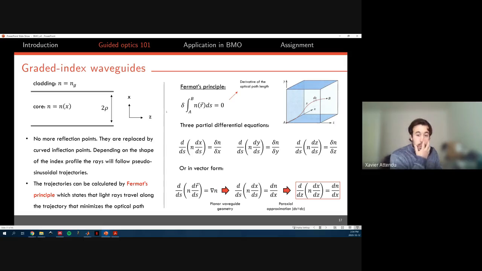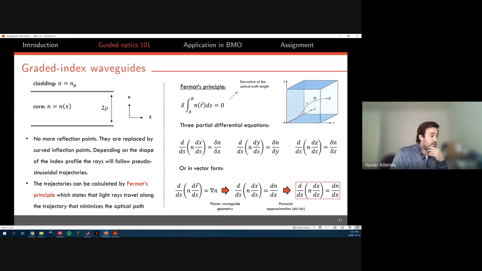So just to understand why this is relevant, imagine you have a waveguide where the index is maximum in the middle, and it goes down towards the edges, linearly or whatever shape.